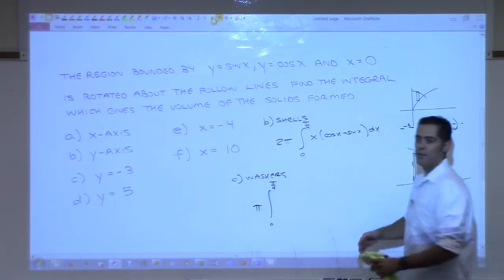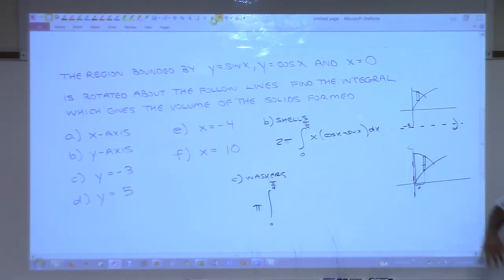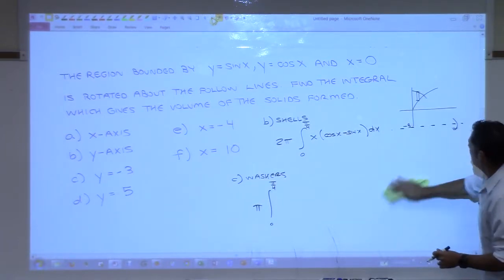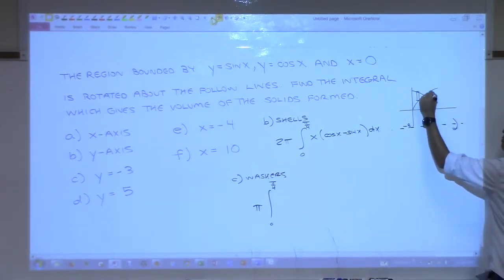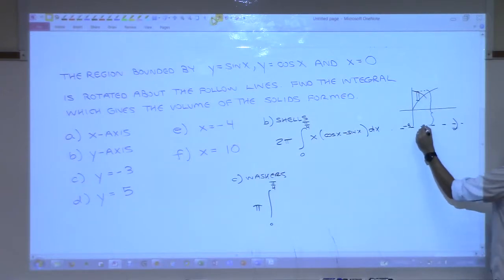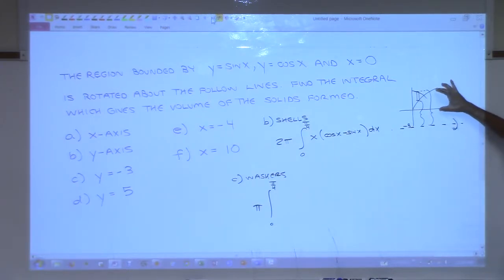Now I just need to know the outer radius squared minus the inner radius squared. The outer radius is the distance from the axis of rotation to the outer edge of the rectangle, from here all the way to there. The inner radius is the distance from here to here. The distance from the x-axis to the top is the cosine function, and the distance from here to here is just 3.